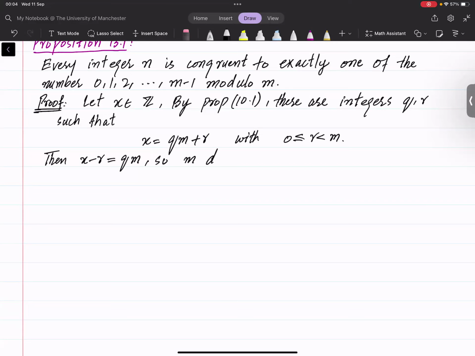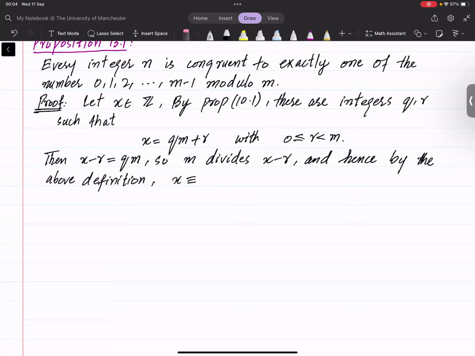So m divides x minus r, and hence by the above definition, x is congruent to r mod m, since r is one of the numbers 0, 1, 2, up to m minus 1.